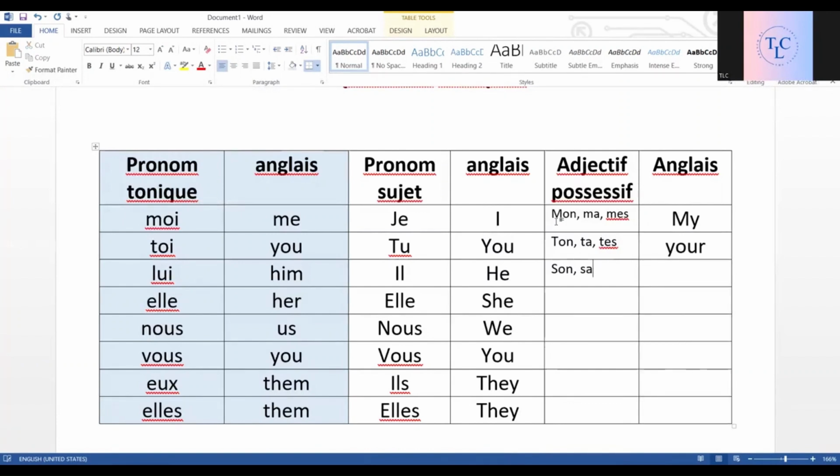Then we have son, sa, ses, his, and son, sa, ses again for her. Then we have notre, notre again, for masculine and feminine it's the same, and nos for plural. That is our. Votre, vos. Both are your. Then we have leur, leur, their, and leurs again, their.